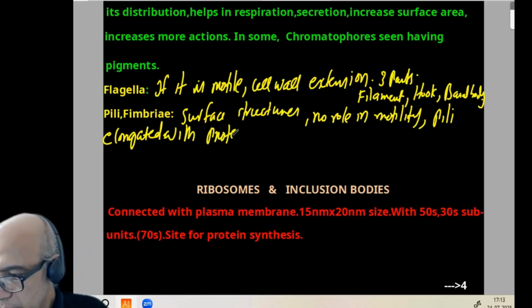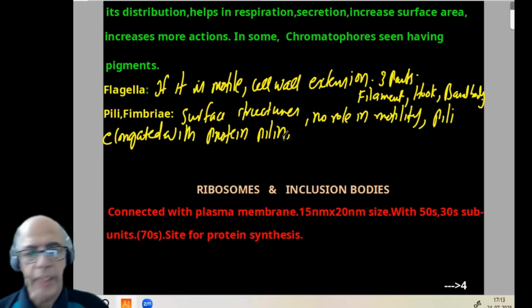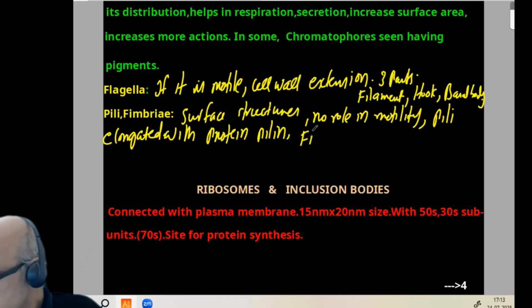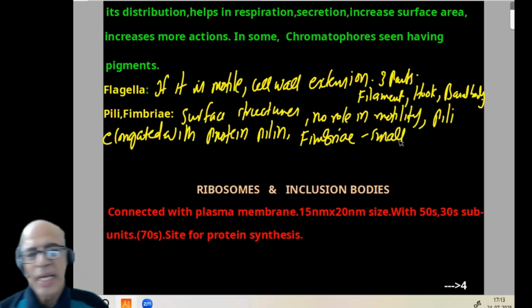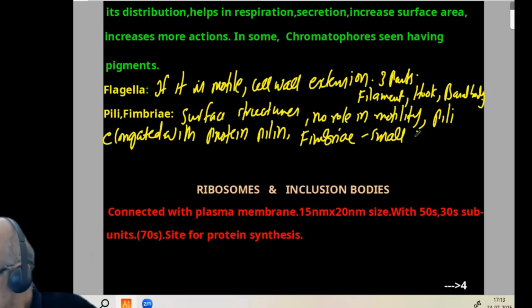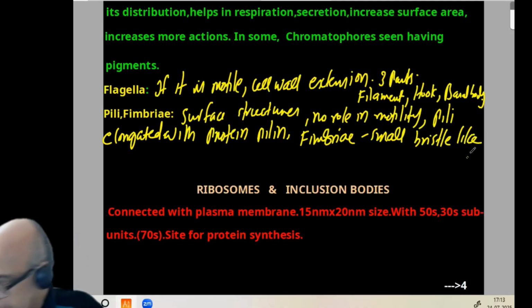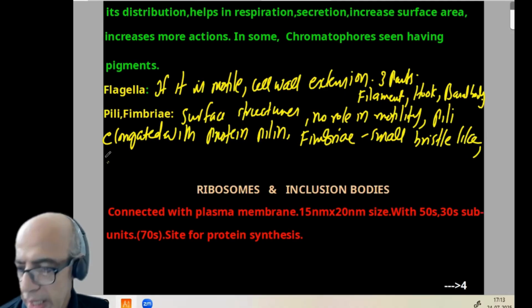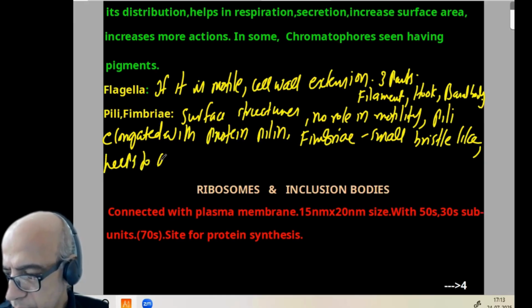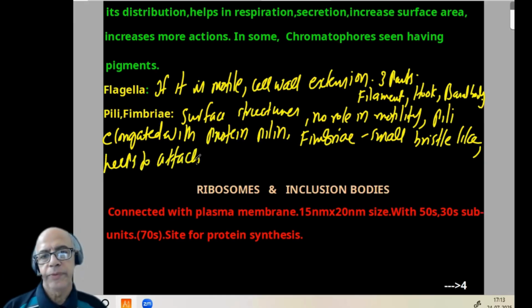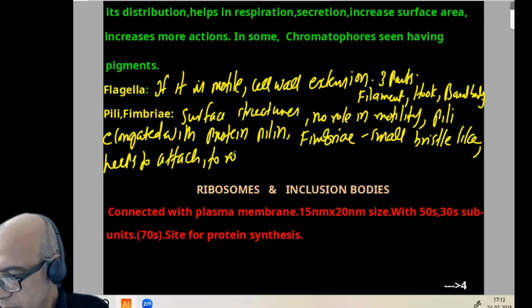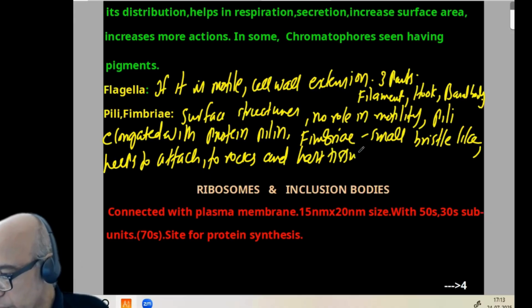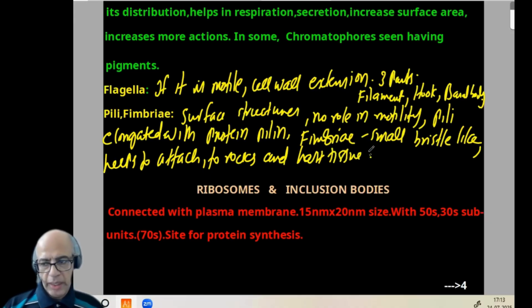Fimbriae are small and bristle-like. What is the function of fimbriae? They help to attach to rocks and host tissue. The function is important, directly from NCERT.